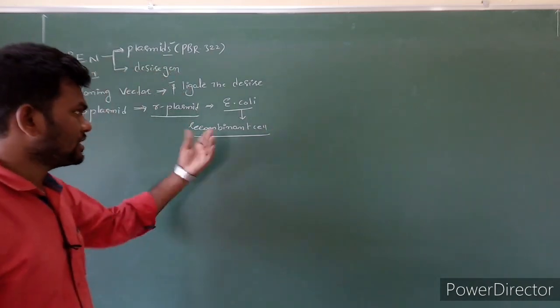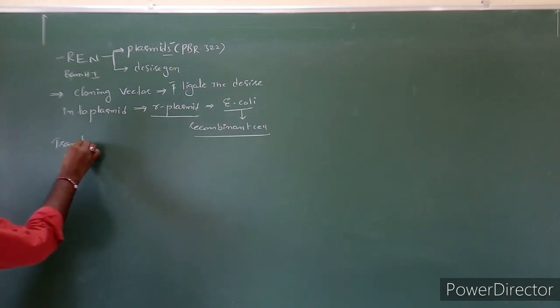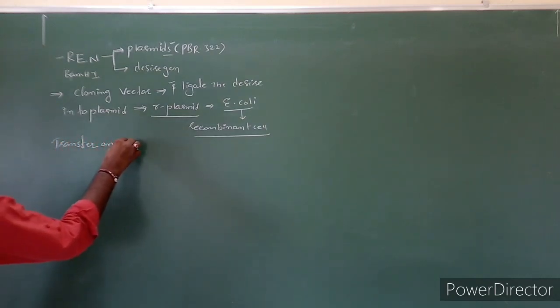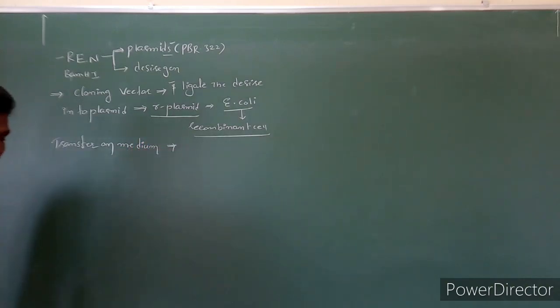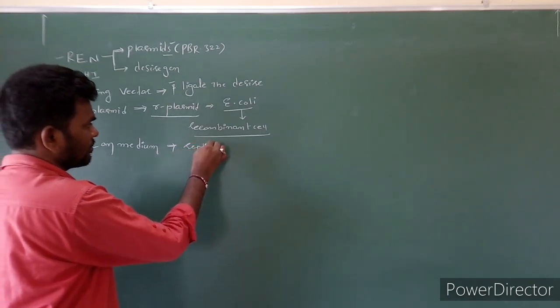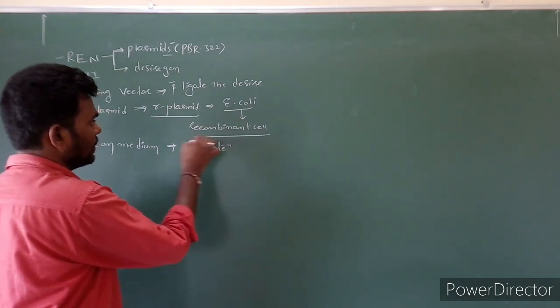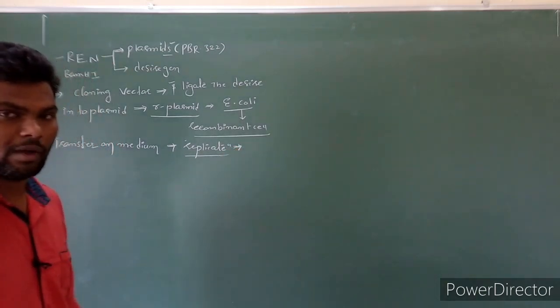Now these recombinant cells will be transferred onto medium. In the medium, what happens? It is going to replicate, and a number of cells are formed.